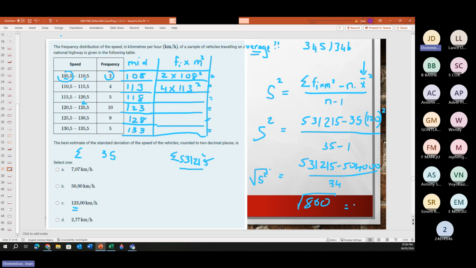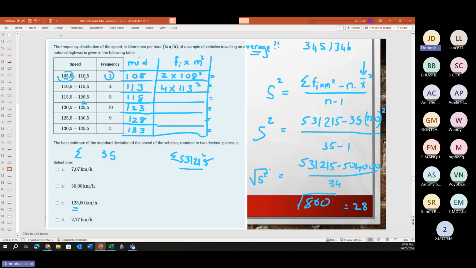See, and that's also not it, so the formula is right. That is the frequency times the midpoint to the power of 2, minus n times the mean to the power of 2, divided by n minus 1.